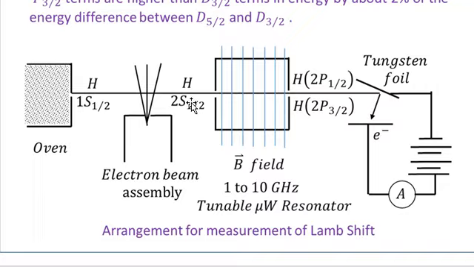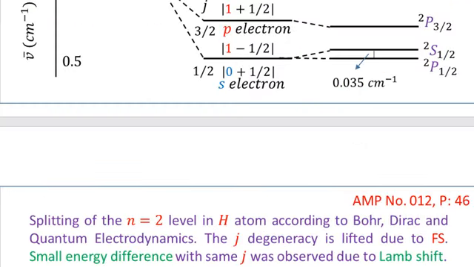And you know that the energy of 2s1/2 is already known to us. So the energy gap between 2p1/2 and 2s1/2 can be measured very precisely. And you know that this is nothing but the Lamb shift.